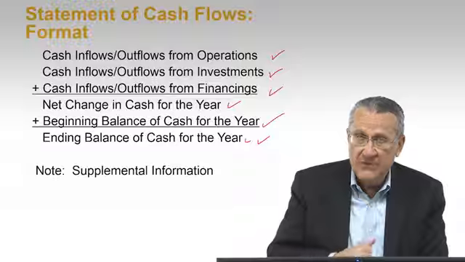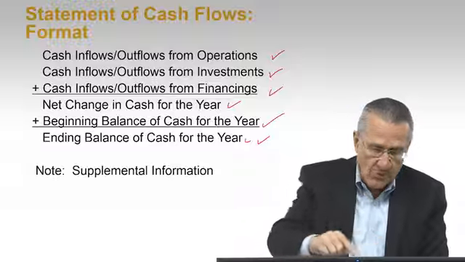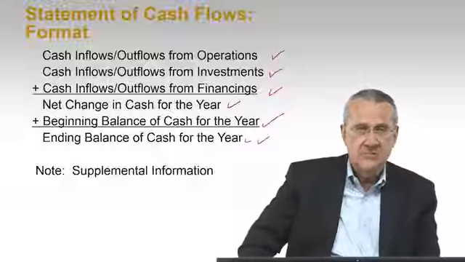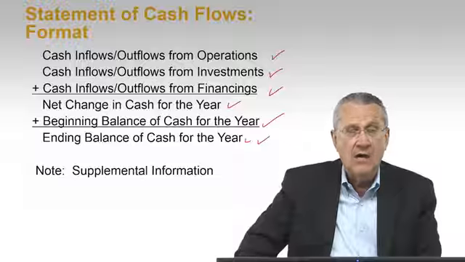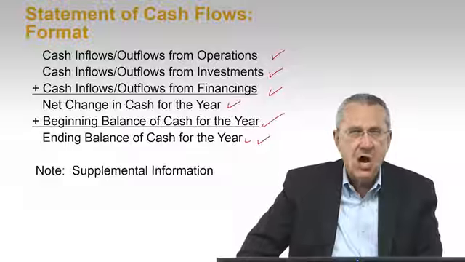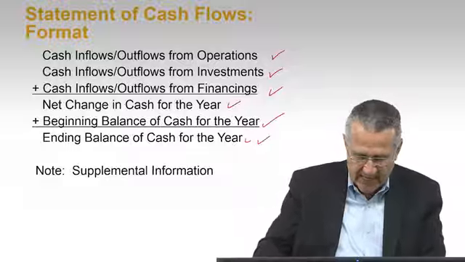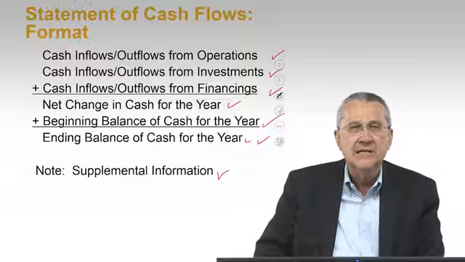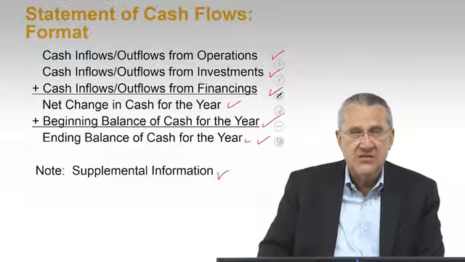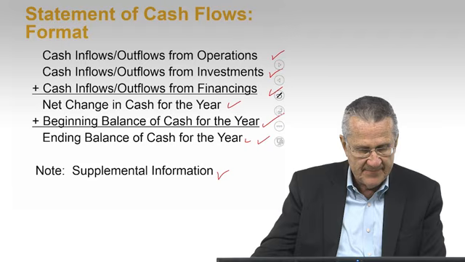There's no cash involved in those transactions, and so there's no basis for reporting them up in the body of the statement of cash flows. We're going to solve that problem by indicating these material non-cash transactions here in supplemental information, rather like a footnote, but on the face of the statement of cash flows.